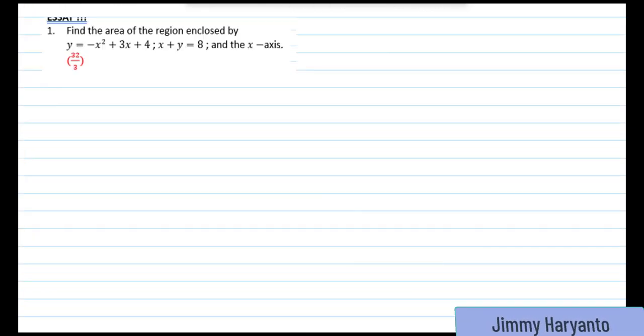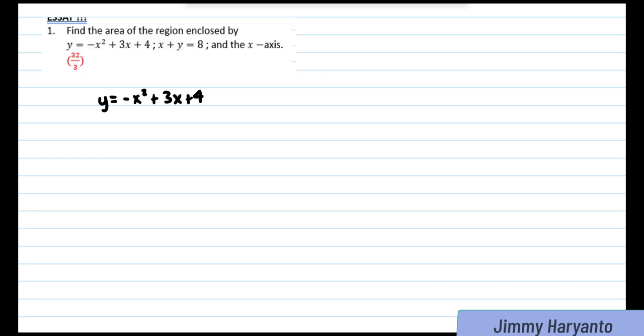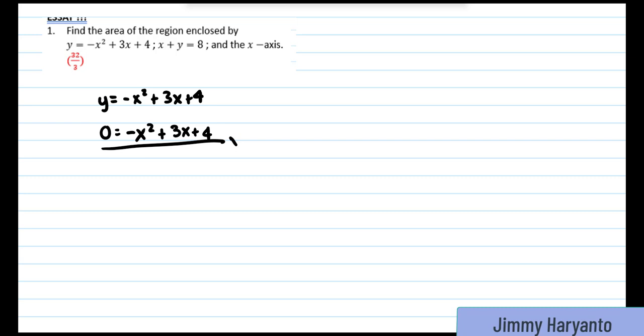And then the last one. For the last one we have to draw the curve first. To draw the curve you have to factorize: 0 equals, we multiply it by negative 1 first.